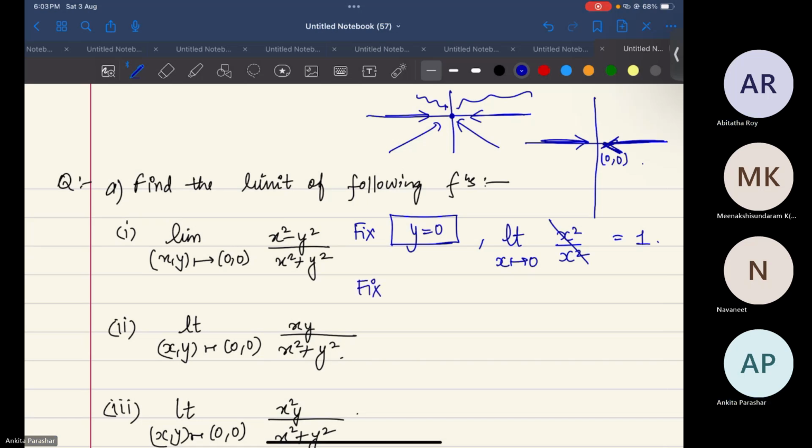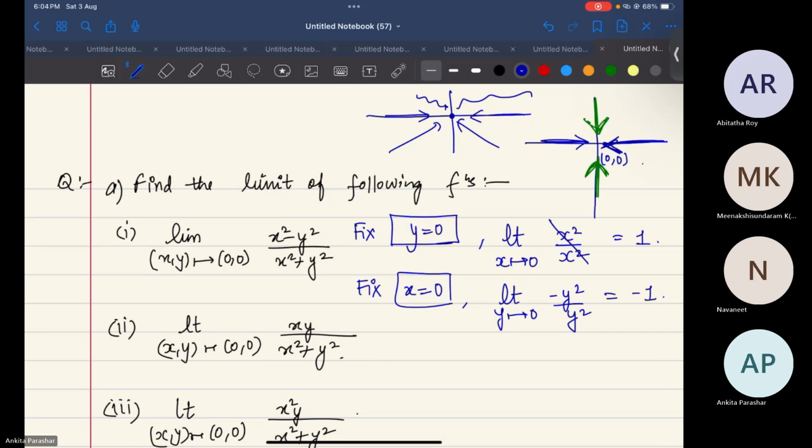Let's say x equal to 0. So I will simply fix x equal to 0 and then try to find the limit. Can you tell me the limit now? Minus 1. Can it happen if the limit exists?